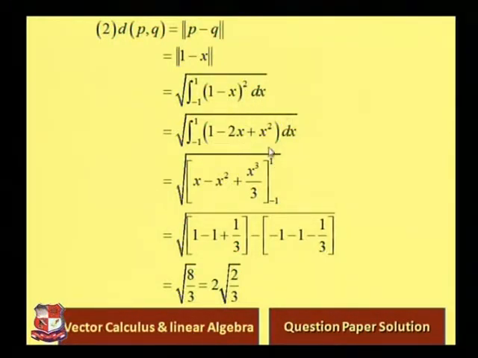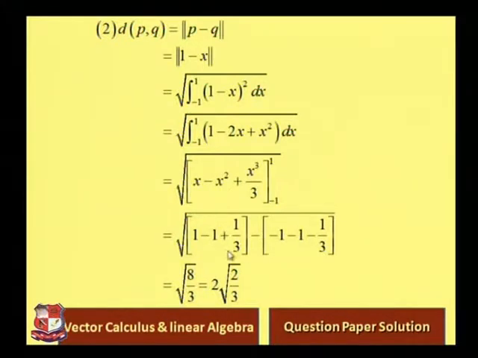Integrate this quadratic function. The integration of 1 is x, the integration of minus 2x is minus x square, since the 2 cancels, and the integration of x square is x cube by 3, with limits from minus 1 to 1. Now apply the fundamental theorem, upper minus lower, so we get this.